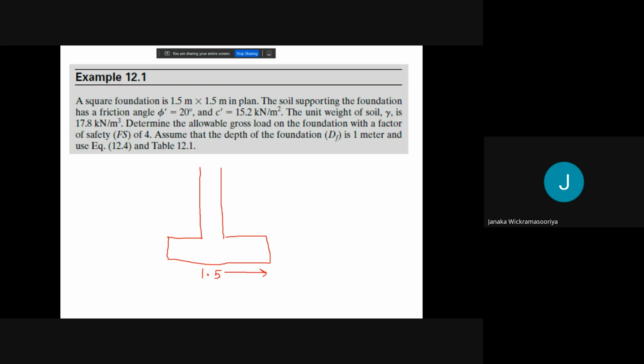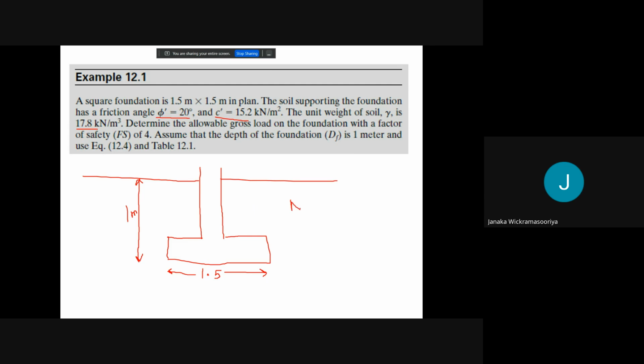That means this length would be 1.5, and this depth of foundation is 1 meter. The properties are given: phi dash value, C dash, and gamma.